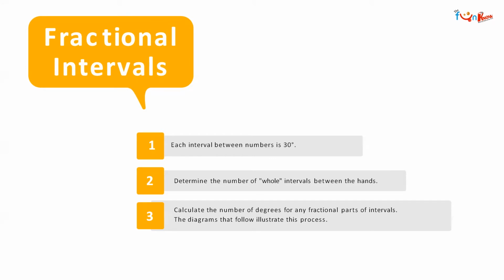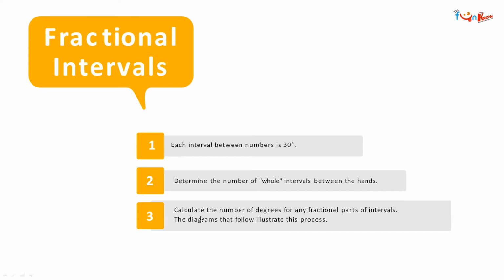If I say 4:30, what is the angle made by the hour hand? You know it will be somewhere between 4 and 5, but you don't know how much. So you need to calculate the fractional part, and then only you will be able to find the final answer.